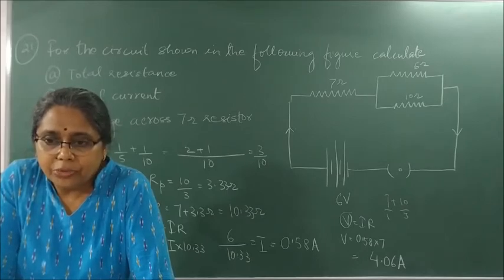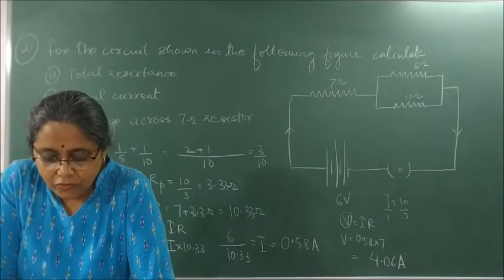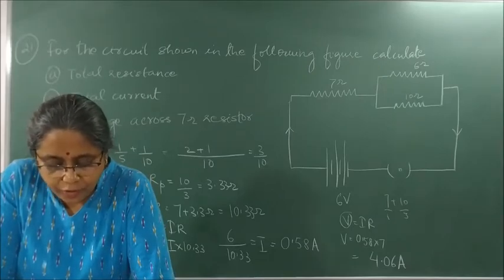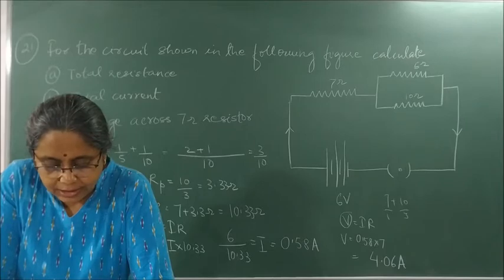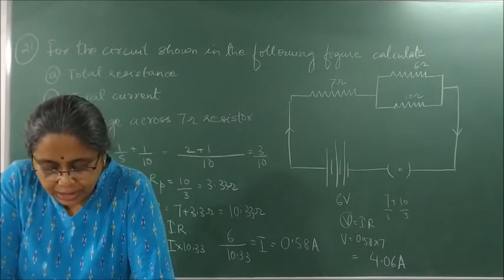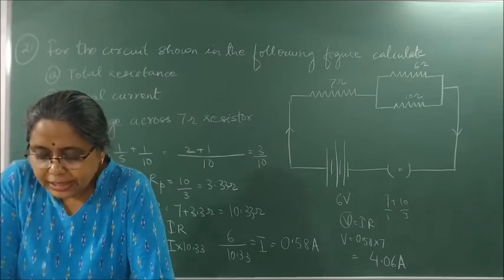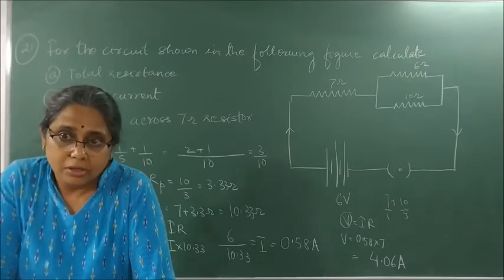Come to page number 216. The first one: judge the equivalent resistance when the following are connected in parallel. A, 1 ohm and 10 to the power of 6 ohms. B, 1 ohm, 10 to the power of 3 ohms and 10 to the power of 6 ohms.